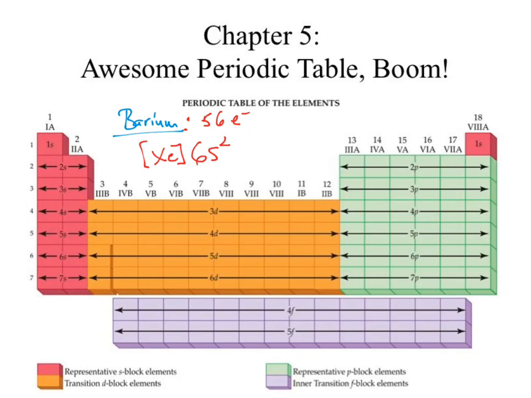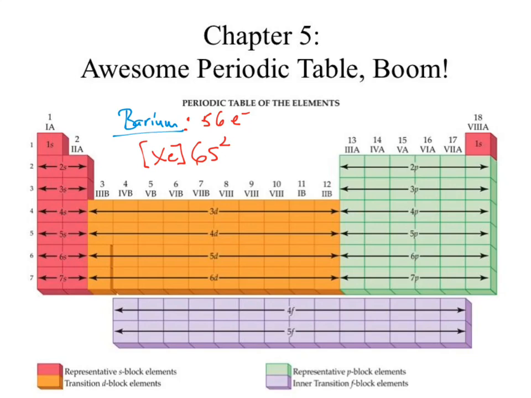Thankfully, you don't have to worry about it, but maybe your kids will. Because physicists just do some stupid, good stuff. So take advantage of the periodic table because you get a lot of information from it.